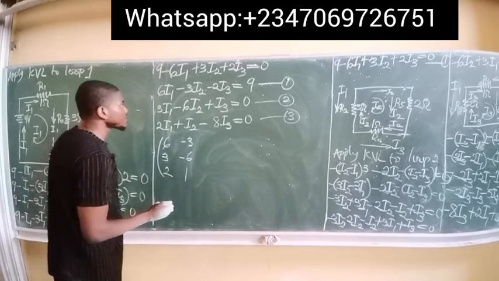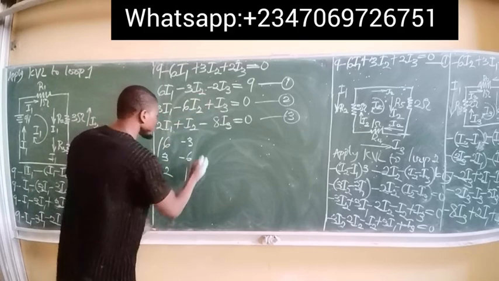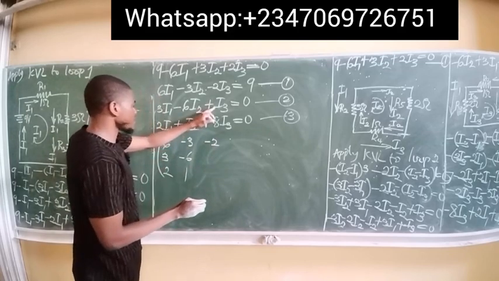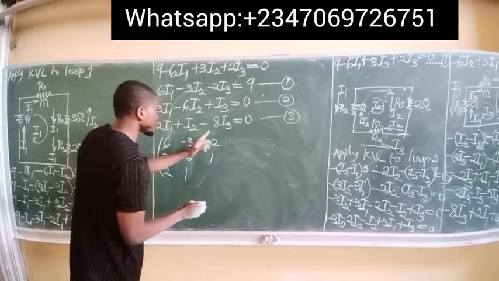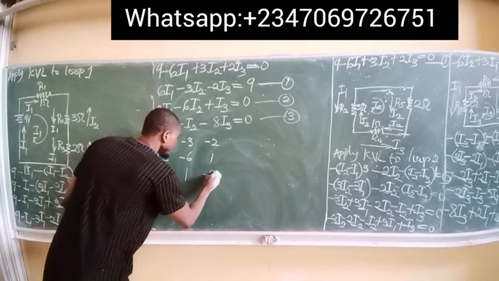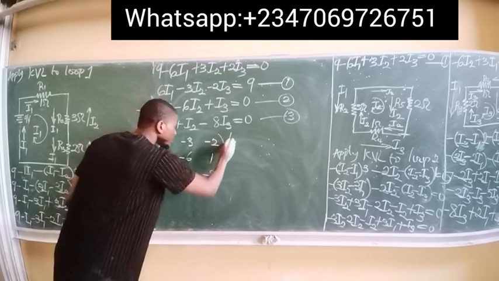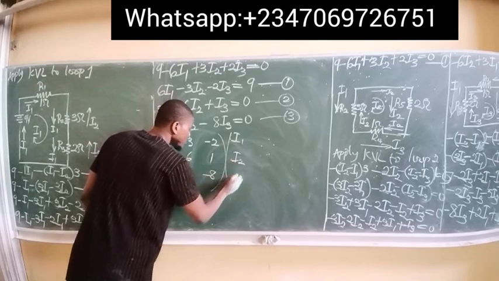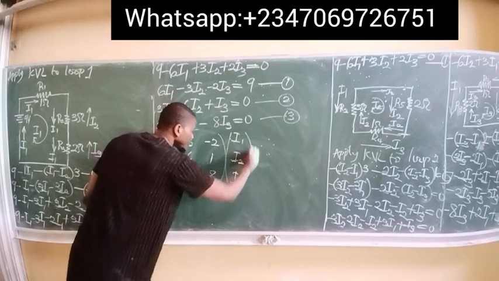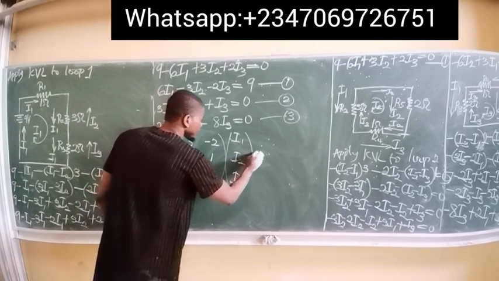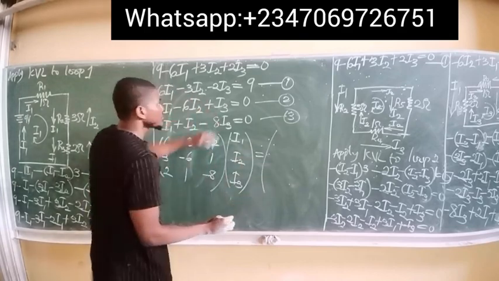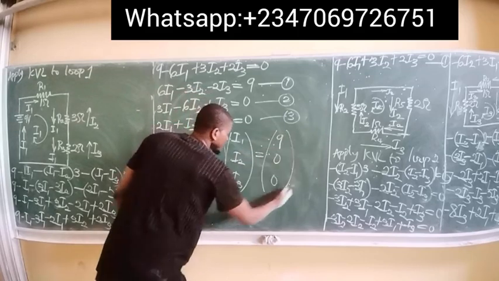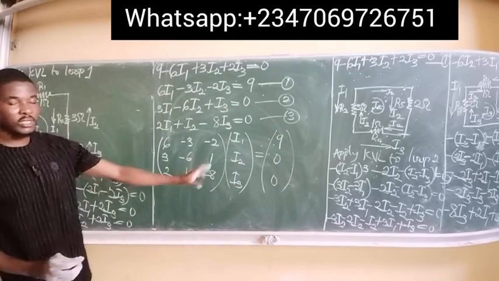The next column is minus 2, then the coefficient of I3 here, which is 1, and here we have minus 8. This matrix is multiplied by I1, I2, and I3, and the whole of this is equal to the constants, which are 9, 0, 0. So that's how you write these equations in terms of matrix.